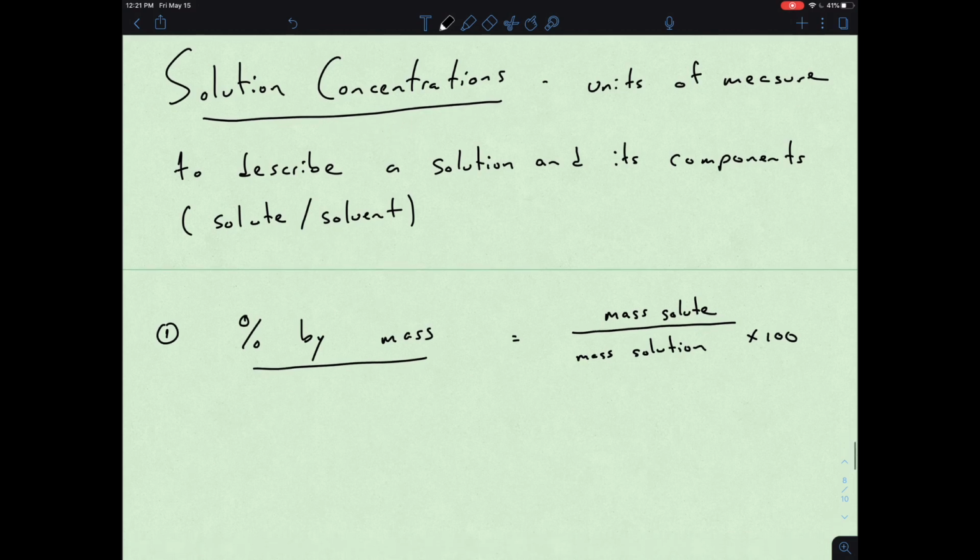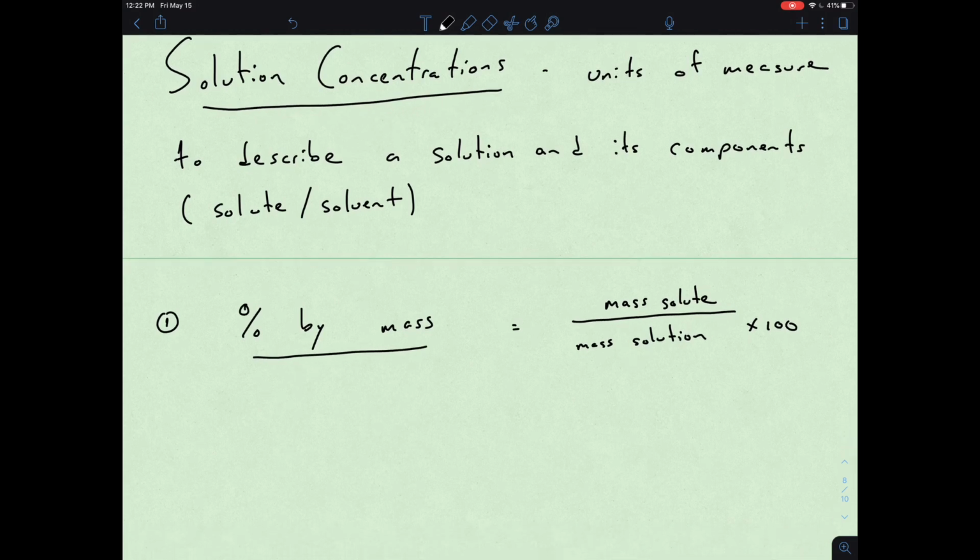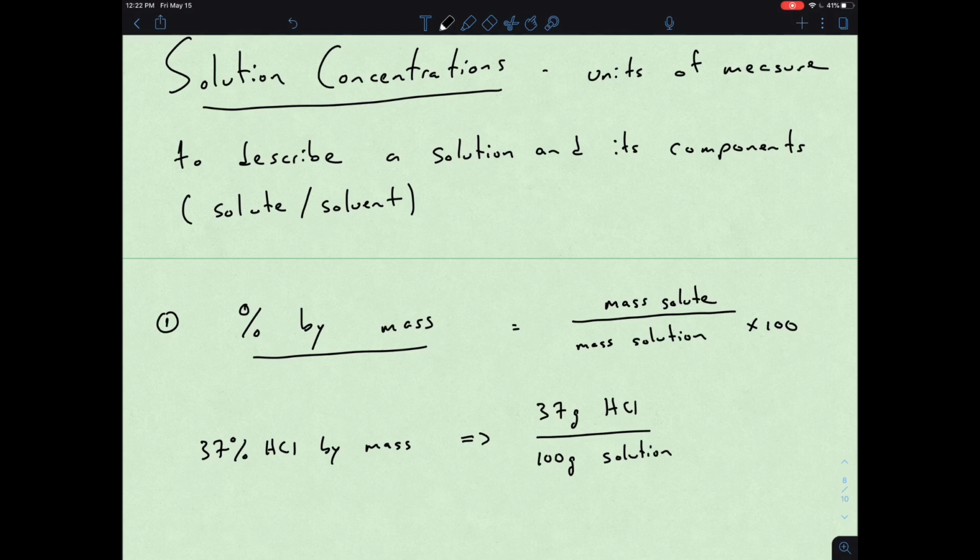So if you had something that was 37% HCl by mass, that would be, kind of as a conversion, 37 grams of HCl for every 100 grams of the solution that it is contained in.